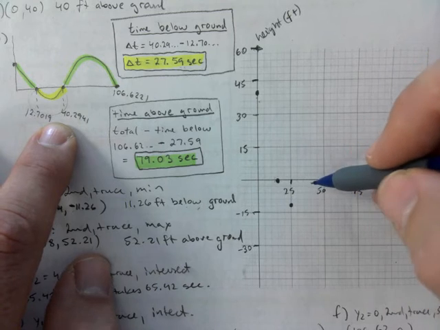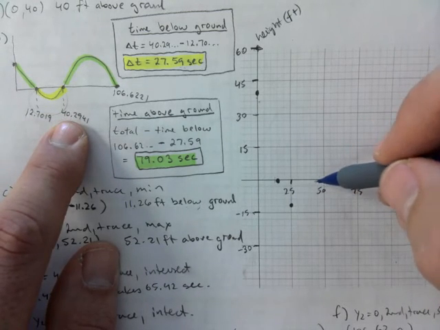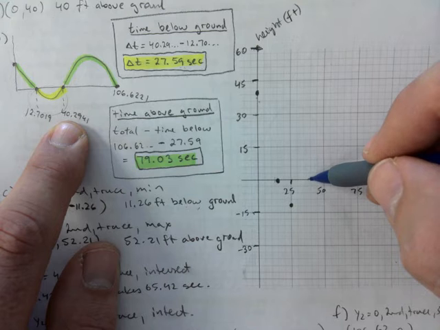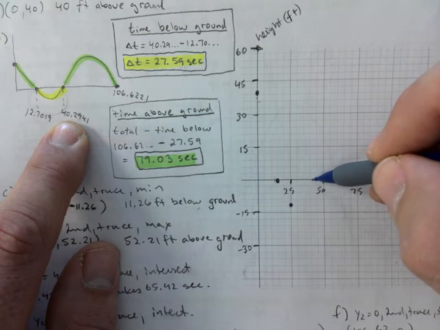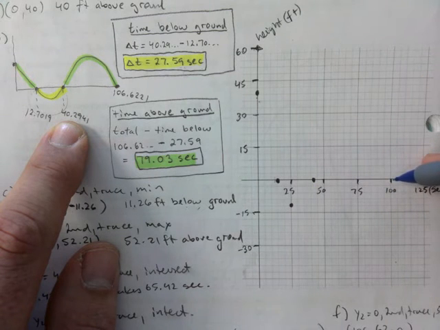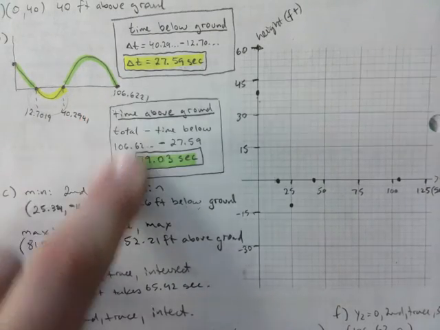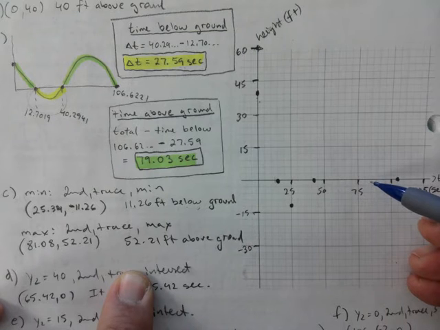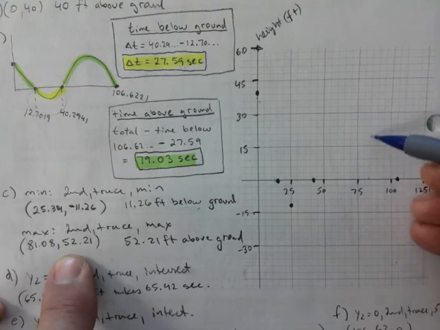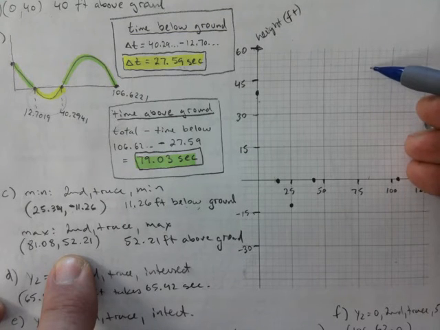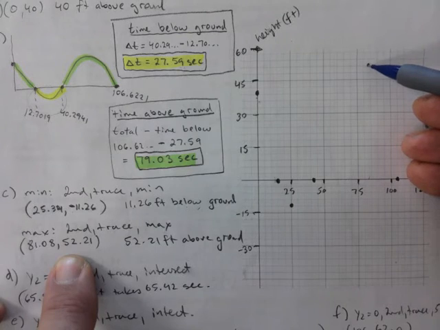And the next x-intercept is at 40, right here where my finger is. So this would be somewhere in there. And then 106 is somewhere in here. That's my furthest x-intercept, but I will still add the max, which I have right here, which is 81, 52. 52 is right about there.